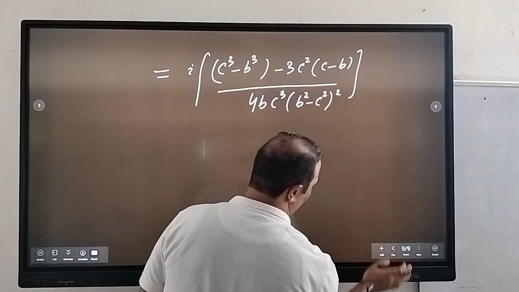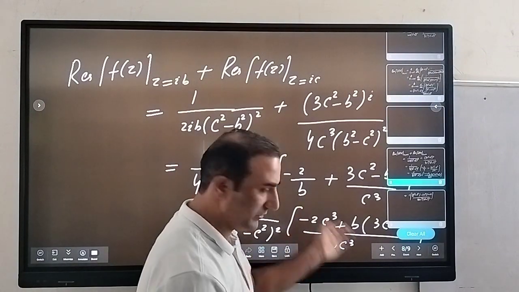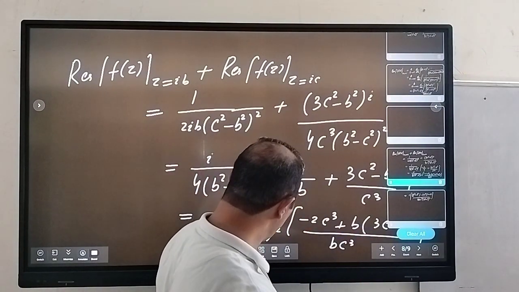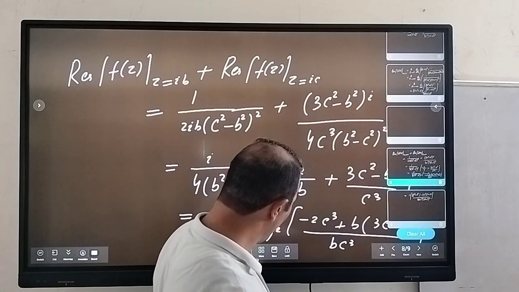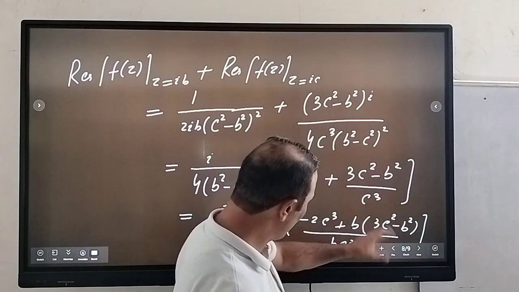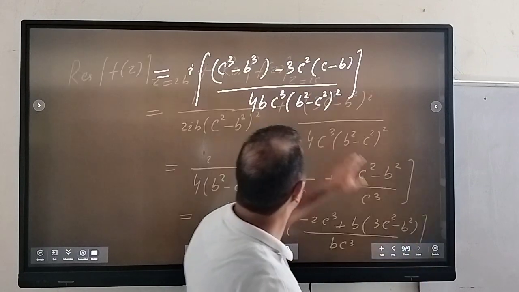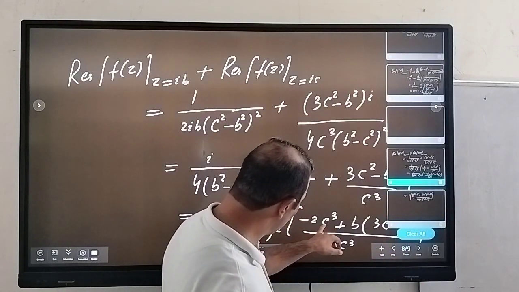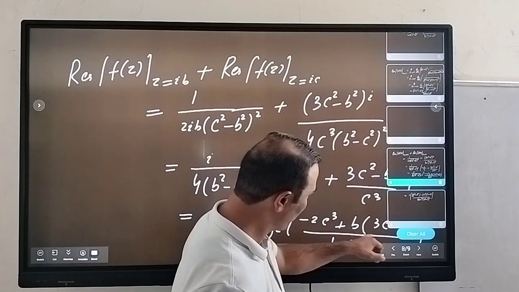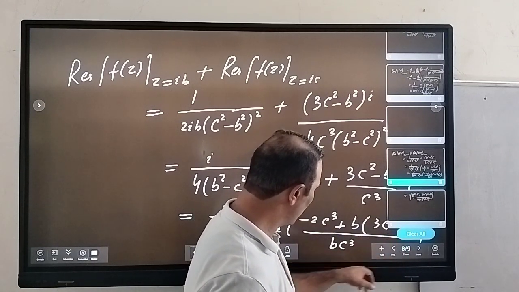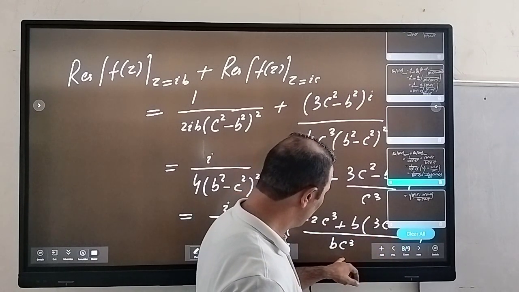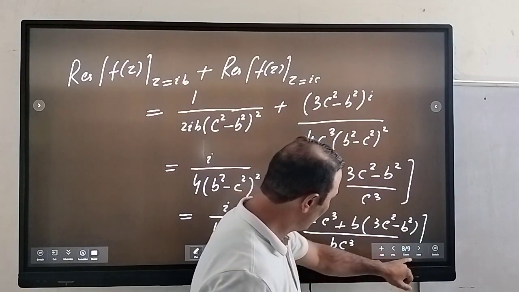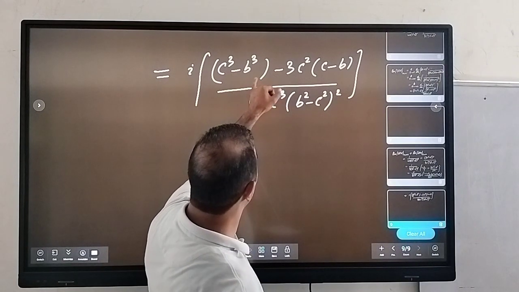I am basically rearranging this, multiplying the denominator by this term and assembling it. Then you can divide this way, because c cube minus b cube: c cube is coming from here, and b cube is coming from here, this is minus b cube, so it is c cube minus b cube minus 3.